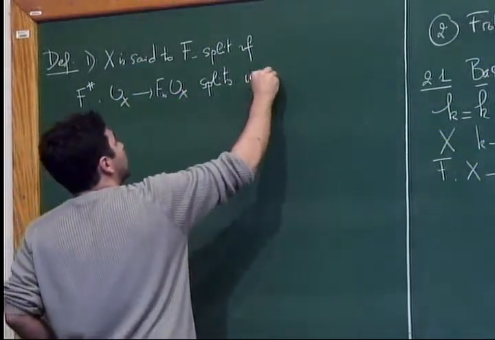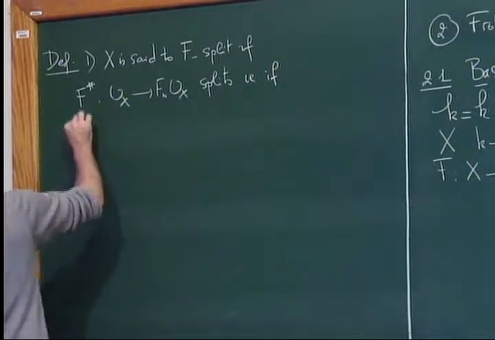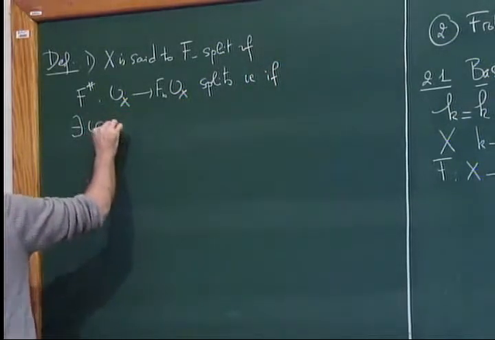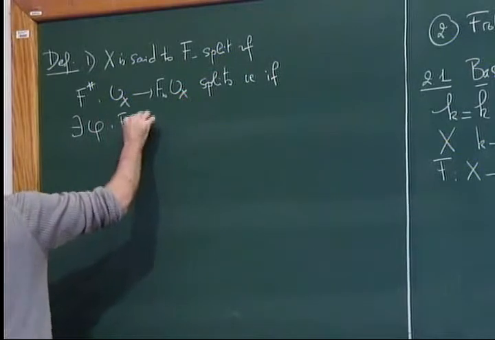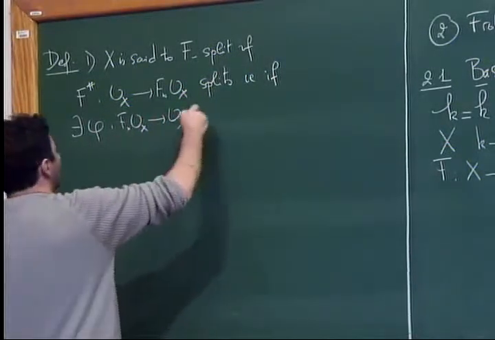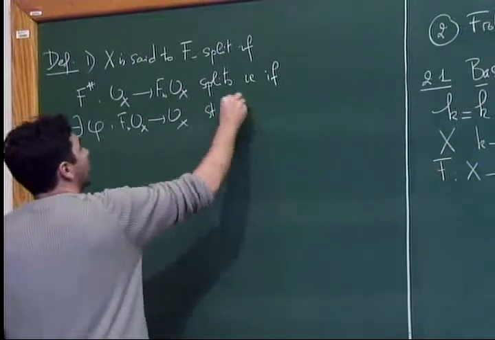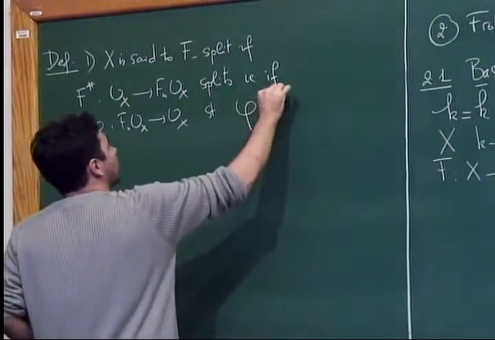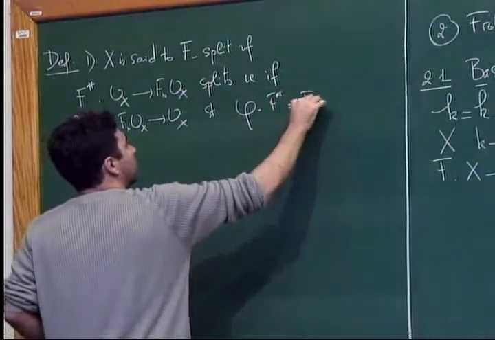That is, if there exists phi from the push forward of OX to OX such that phi composed with the pullback by F is nothing but the identity.